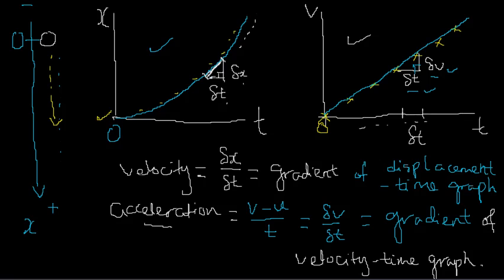The velocity increases, but if this is just a straight line, the gradient stays the same. Since gradient is acceleration, the acceleration is the same as time changes. So I can try and sketch an acceleration time graph for this example. Let's see what it's going to look like.